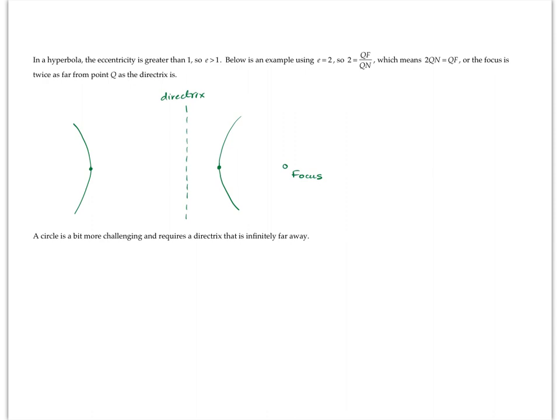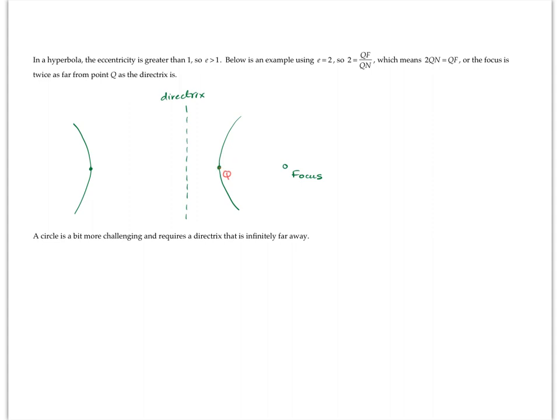In this particular scenario, if I take this vertex, then this vertex would be one of the points Q, and you can see how the distance from the vertex to the directrix is shorter, and the distance from the vertex to the focus is longer. So the distance from the vertex to the focus is double the distance between the vertex and the directrix.